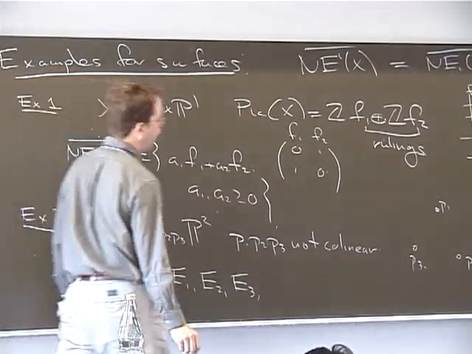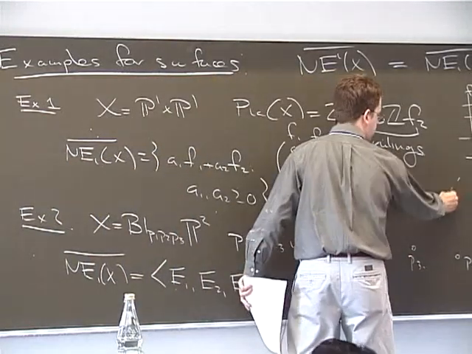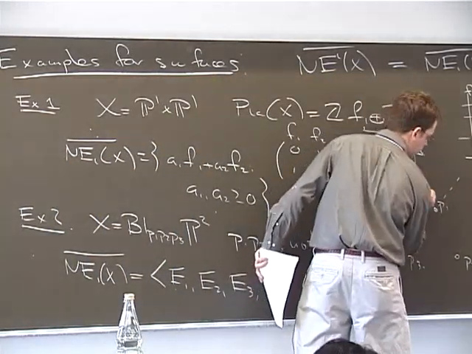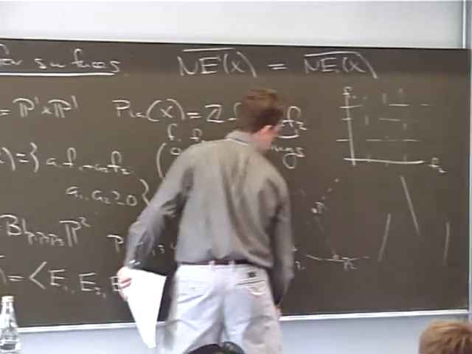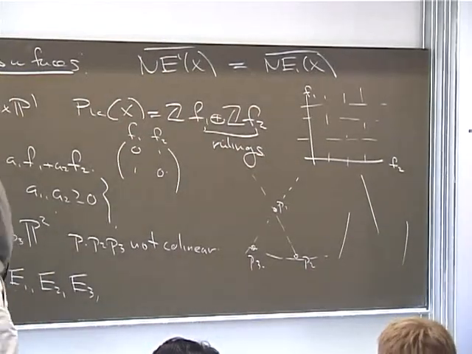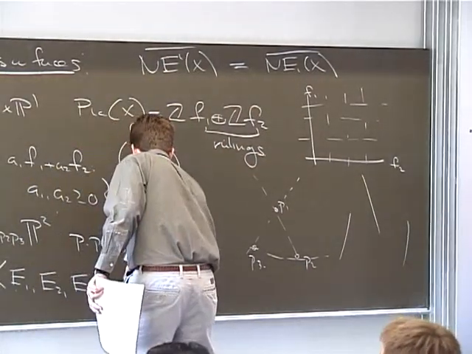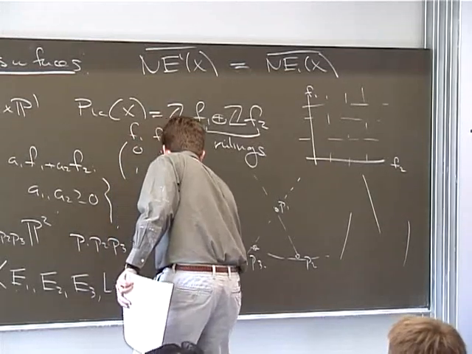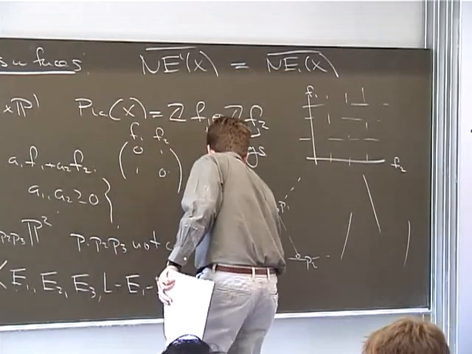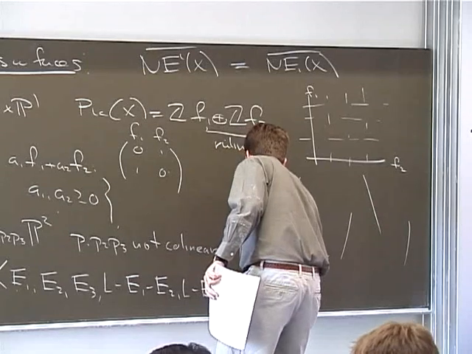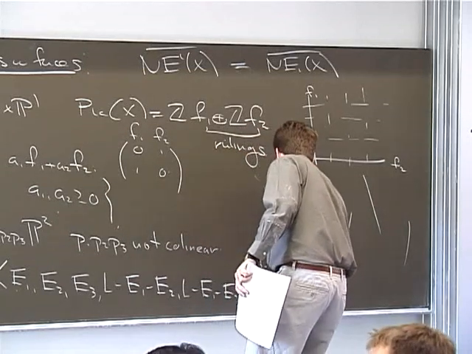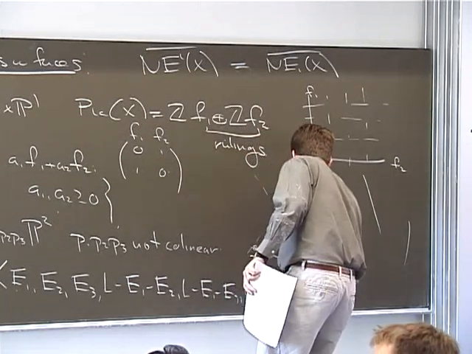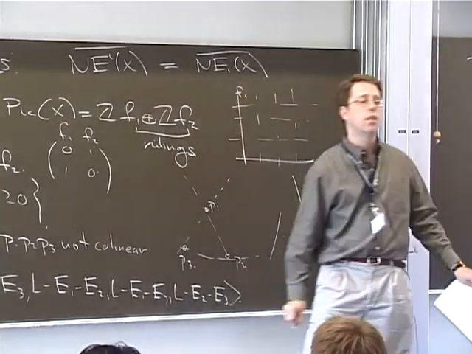And I'll also have the proper transforms of the lines joining together pairs of these points. So I get 3 more of these. And this is the full effective cone.